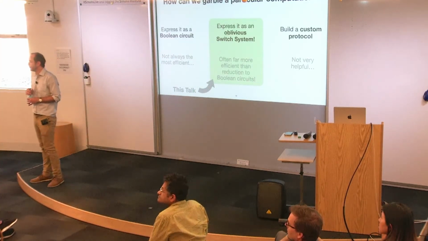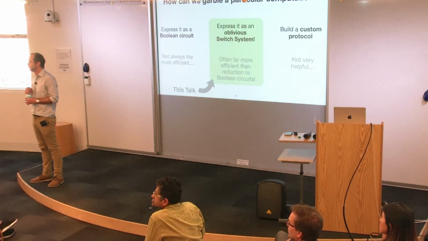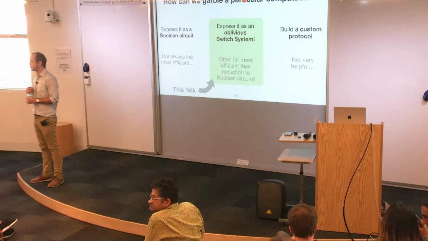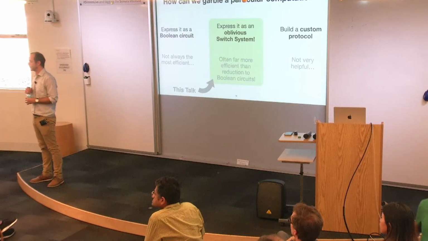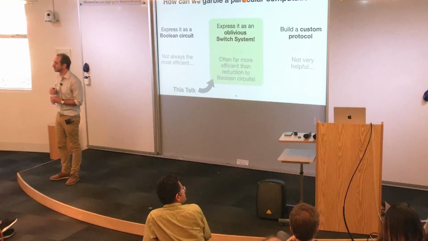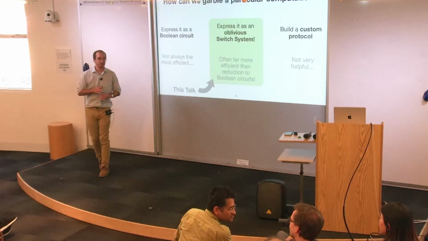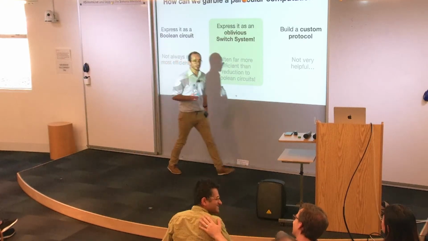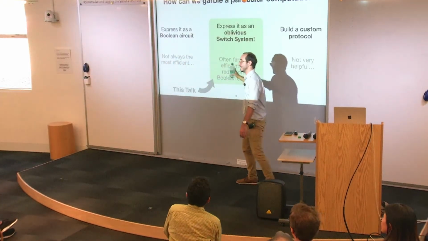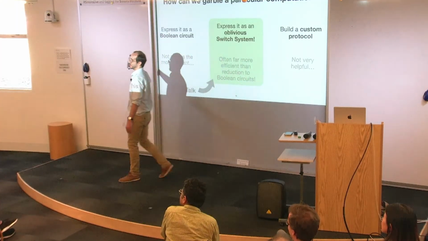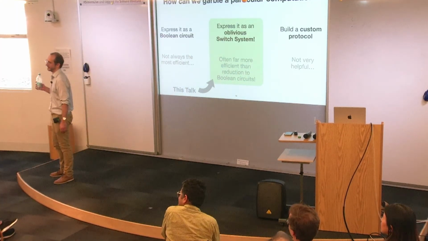So the specific construction you described is in the random oracle model, but it doesn't seem that you're using the random oracle in some substantial way. Are these systems something that can be instantiated somehow in the standard model? The technical property of the hash function that you need to get switch systems to go through is what's called a circular correlation robust hash function.